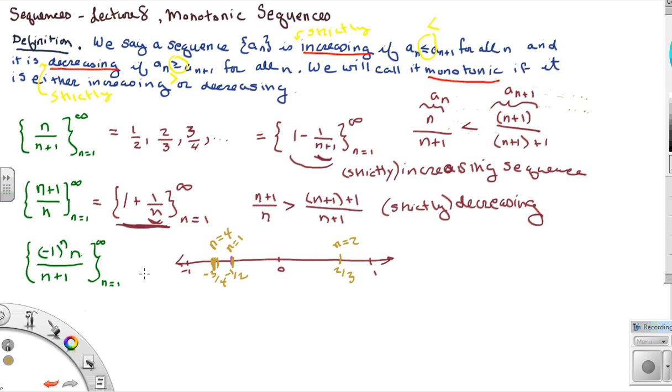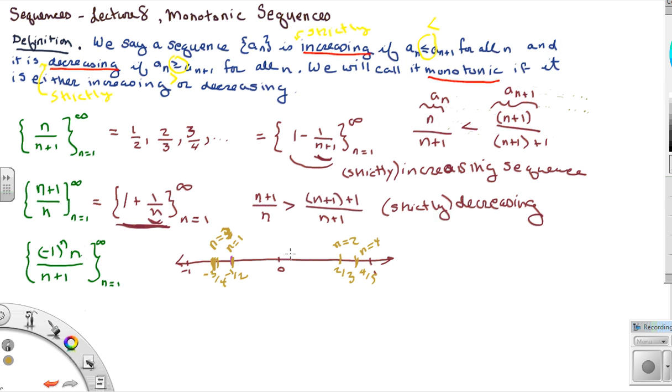I'm sorry, that's at n equals 3, I have negative 3/4. At n equals 4, I have positive 4/5, which is somewhere over here. You see what's happening here?